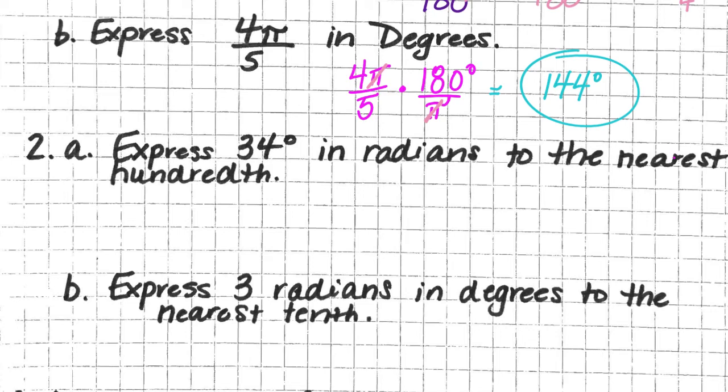All right, the next two questions are just moving on with the same concept. We are expressing 34 degrees in radians. So remember that I have to take 34 degrees, and I'm going to multiply that by pi over 180 degrees. Degrees cancels out, and what do I get? So if we did this the way that we just did it and hit math frac, we do get 7 pi over 36.